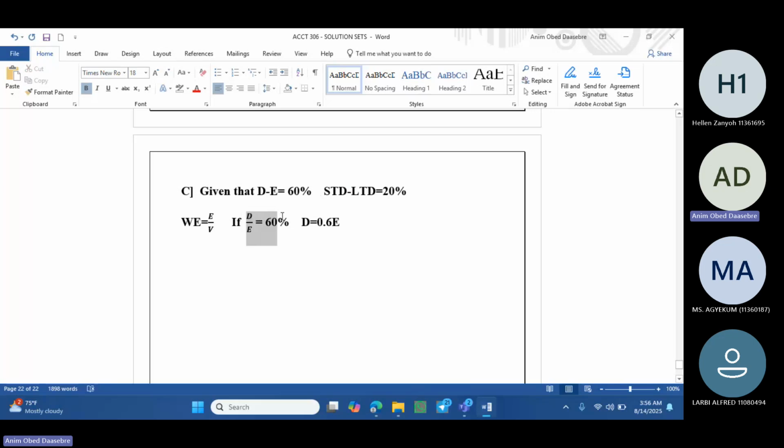To get the debt ratio, you multiply each side of the equation by E, so that we can get the debt ratio.